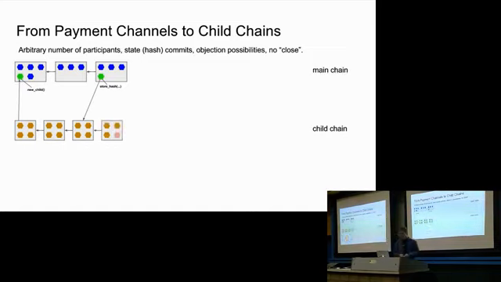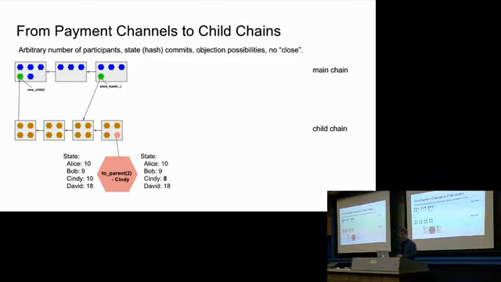And these child chains also have special transactions, and one of these special transactions is a transaction called toParent. This can be used by participants in the child chain to send tokens to the main chain. And here, Cindy wants to send 2 tokens from the child chain to the main chain.